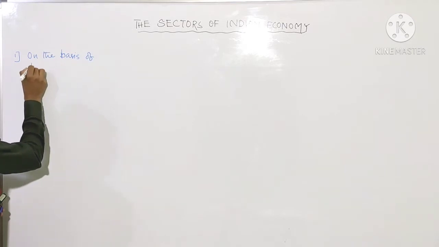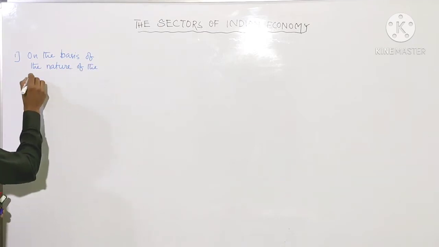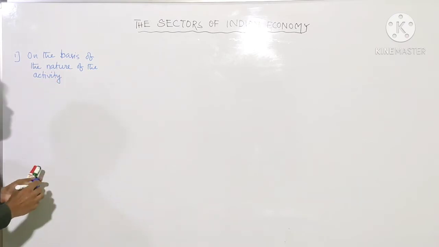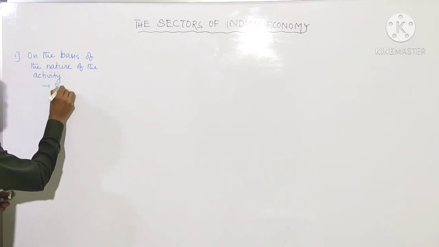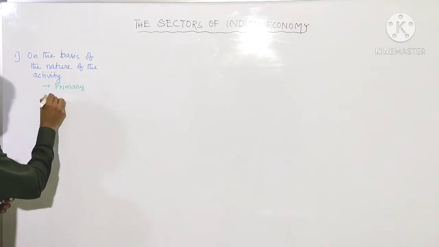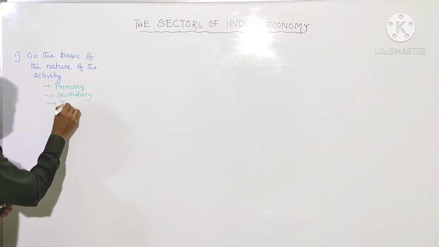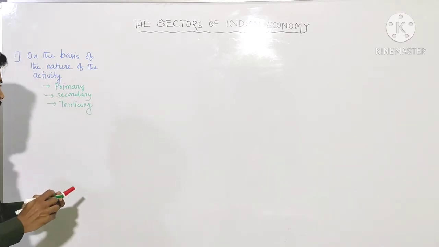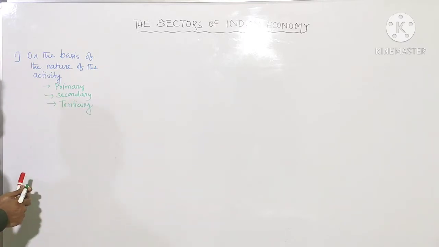On the basis of the nature of the activity, we classify economic activity into three categories: primary, secondary, and third is tertiary. There are also quaternary and quinary, but in class 10th we learn only about primary, secondary and tertiary.